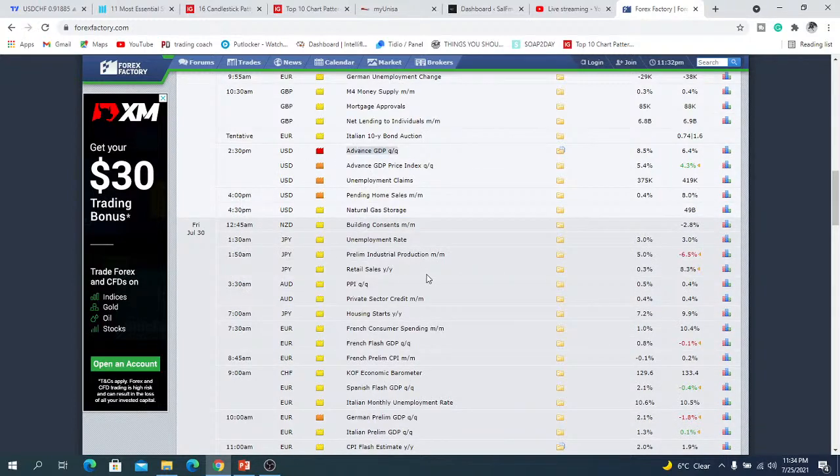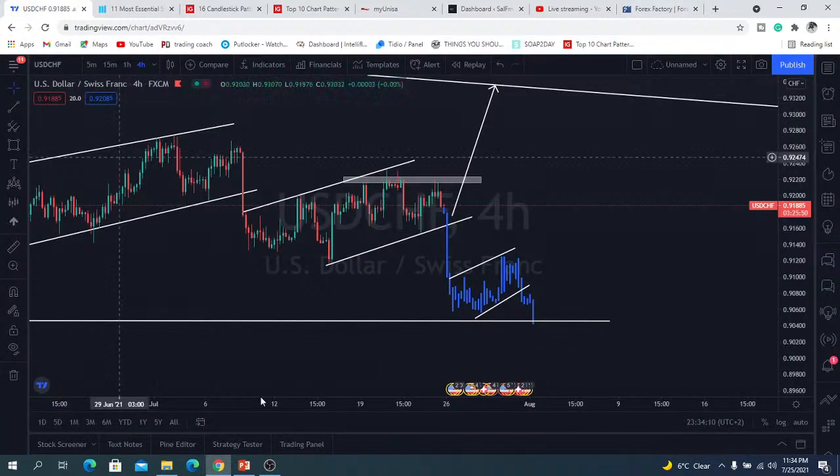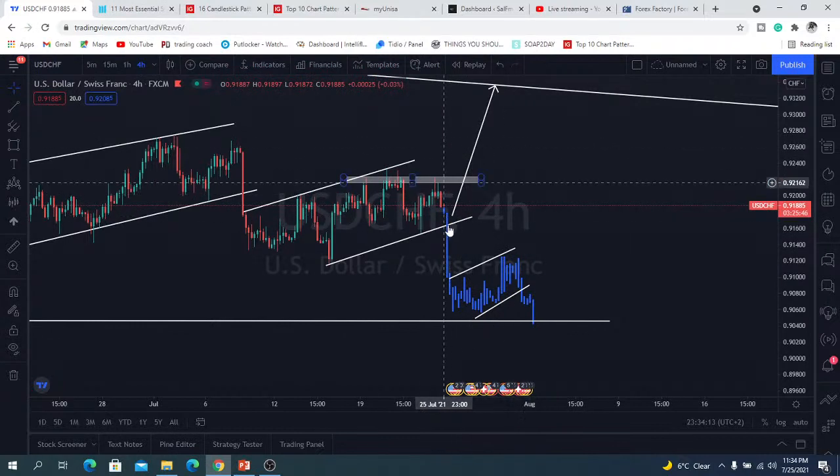Also have this one. They all include USD. So from here, based on the news, we might have some very impulsive moves, and if you don't have a stop loss, you'll be out with a blown account, of course.